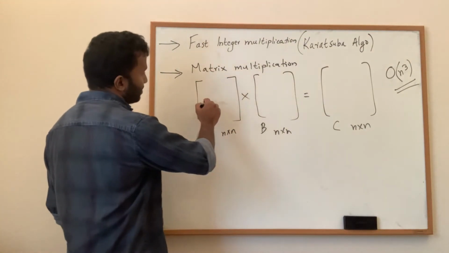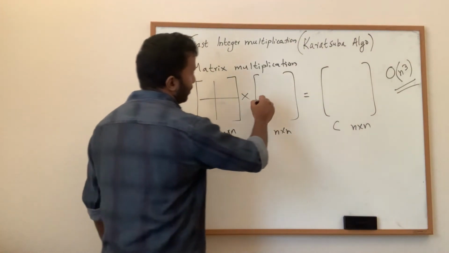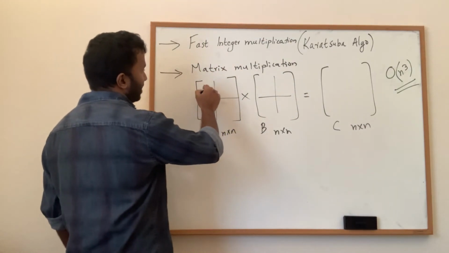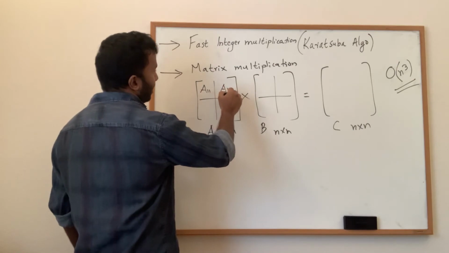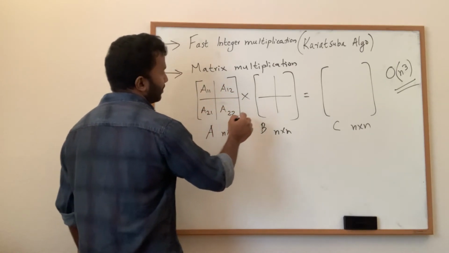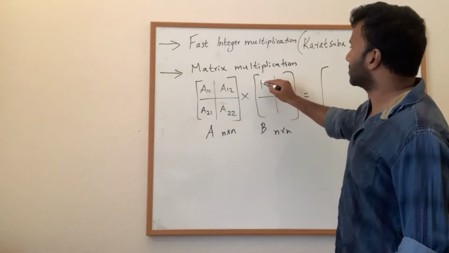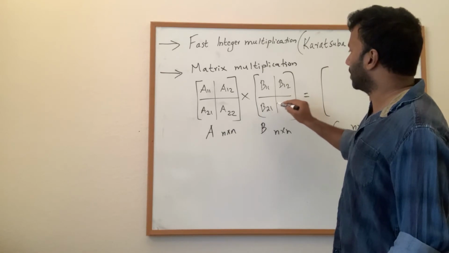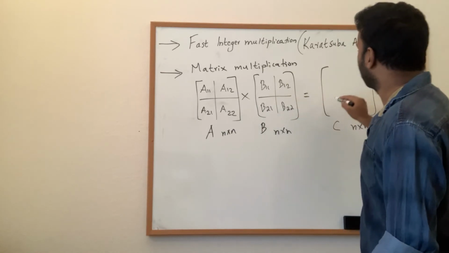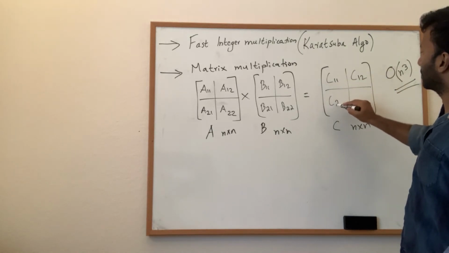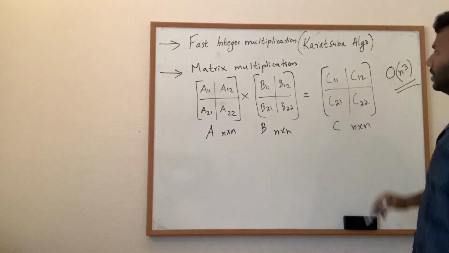So one thing we can do is divide each of these into 4 submatrices, and call them A11, A12, A21, A22, and let's say this is B11, B12, B21, B22, and this is C11, C12, C21, C22.